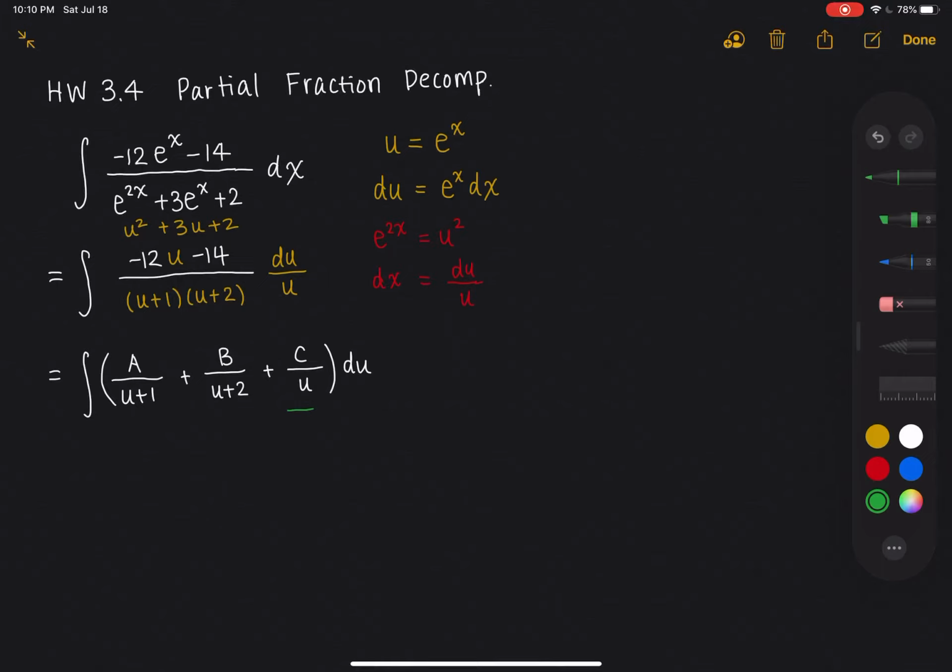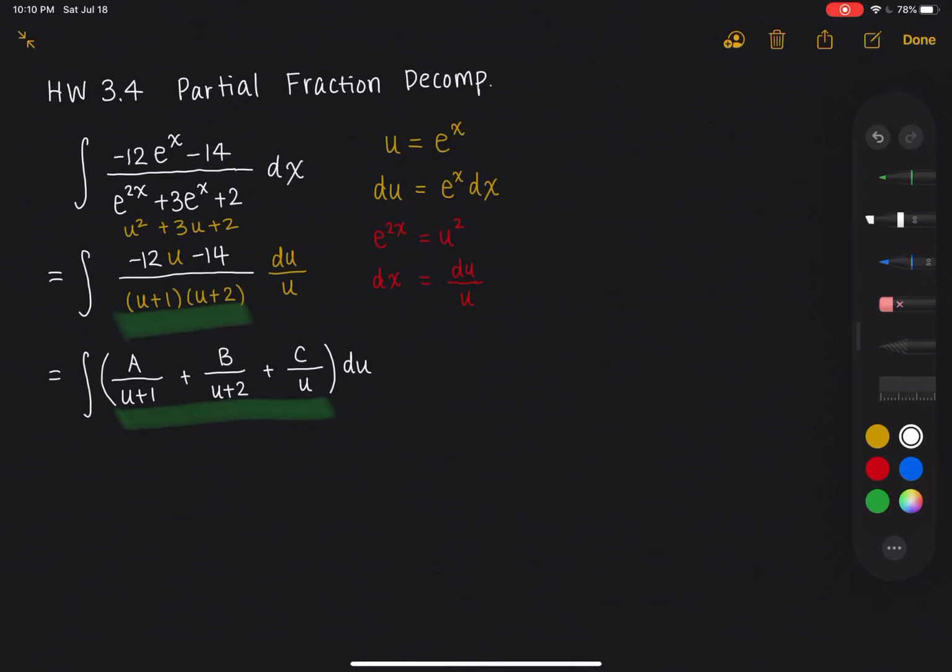So if we know these constant values, this integral is easy to deal with. But how do we figure out a, b, c? Because we want these two quantities to be equal, this quantity must equal this quantity. We have to solve this equation.